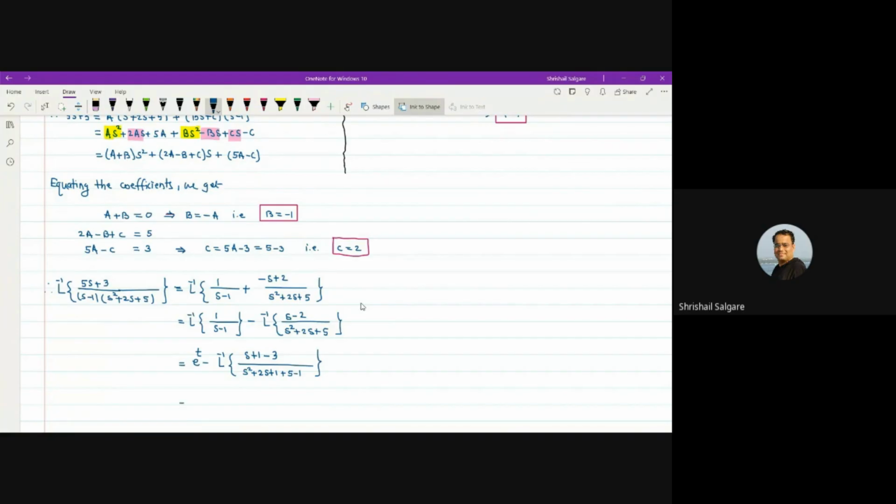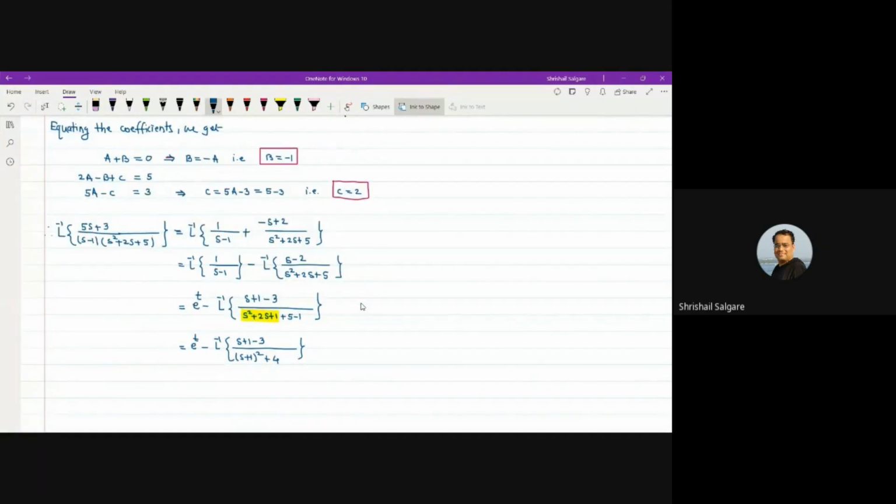So further, e to the power t minus L inverse of this I will write as (s plus 1 minus 3) divided by (s plus 1) bracket square plus 4, right?